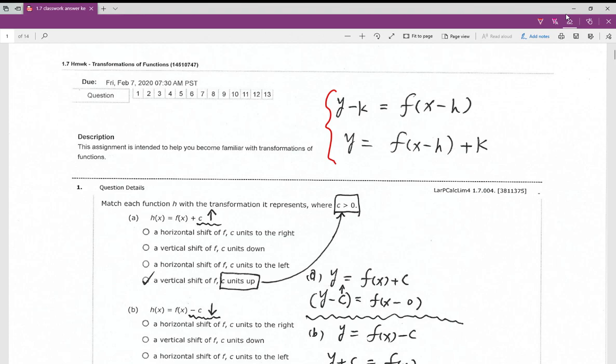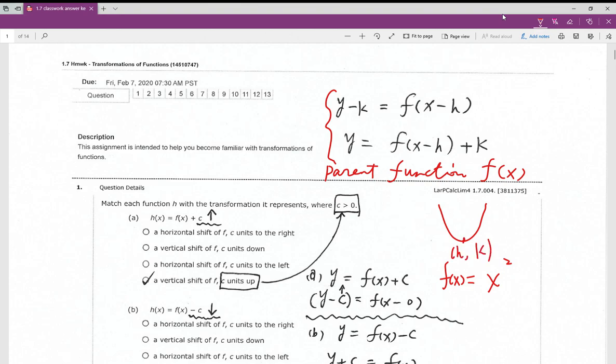Now, transformation means if you have a parent function. On algebra 2, we learn a parent function, for example, f of x equals x squared. And then we find the vertex, we call it h, k. So how about if we try to shift the vertex to somewhere else?